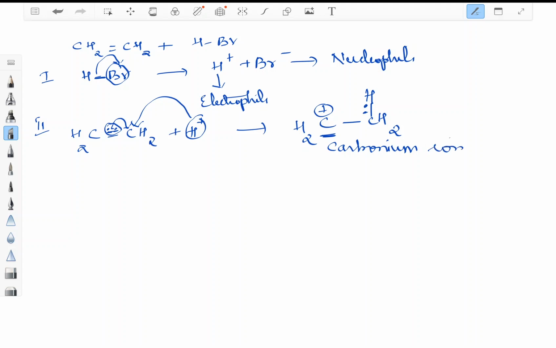And see how many carbons are there? 2 carbons, C2. How many hydrogens? 1 plus 2, 3 plus 2, 5.